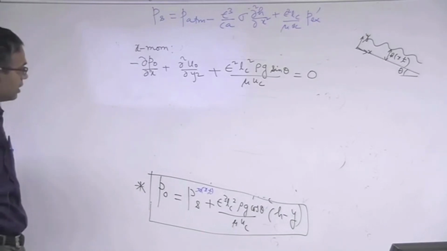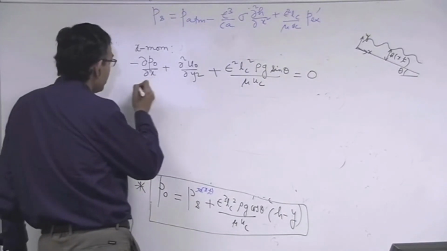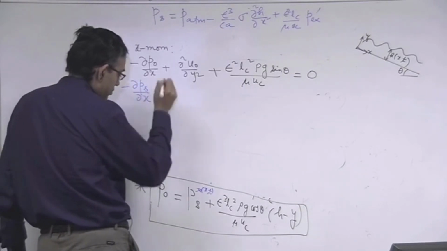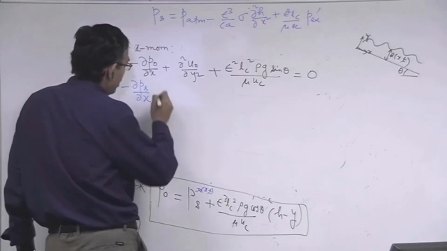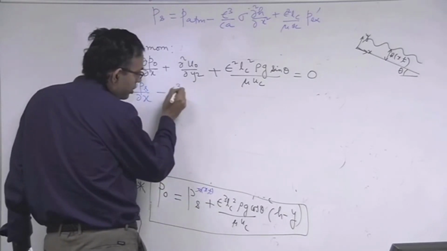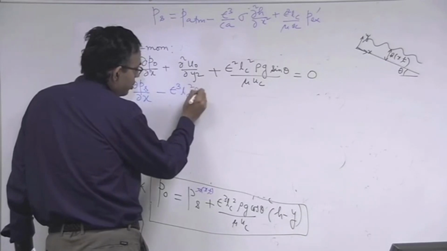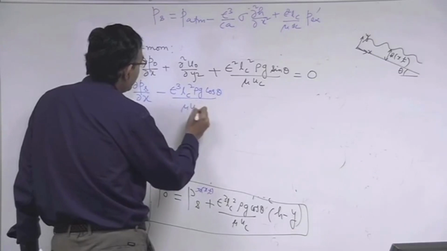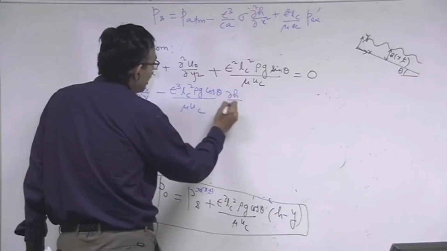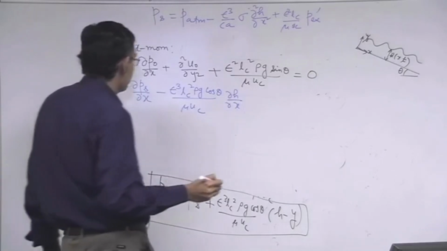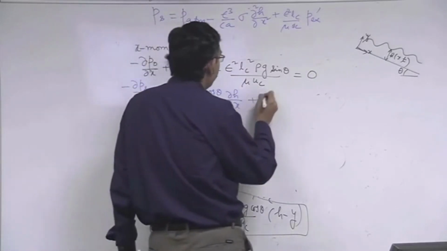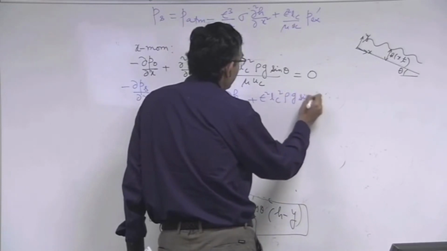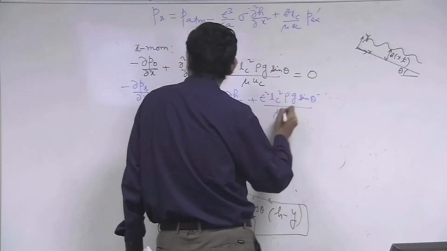So, what is del p0 del x? This is equal to minus del ps del x minus epsilon cube LC square rho g cos theta by mu UC del H del x plus epsilon square LC square rho g sin theta by mu UC.